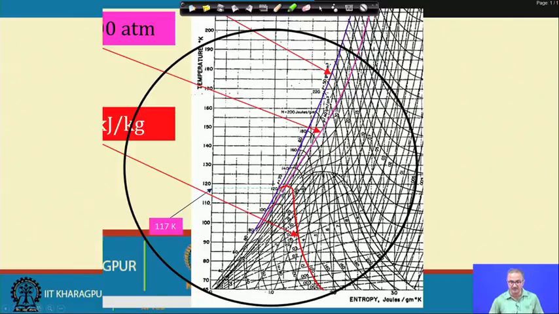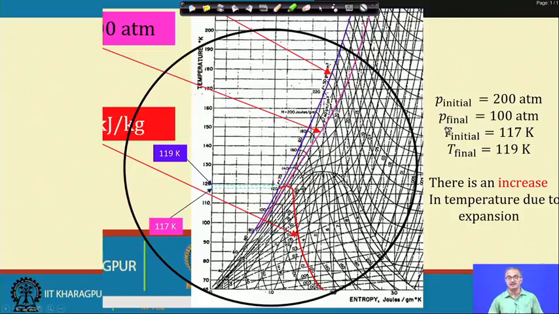At 200 atmosphere it intersects the isenthalpic line at about 117 K, so the initial temperature of the gas is 117 K. Similarly, the gas temperature at the lower pressure, 100 atmosphere, comes out to be 119 K.